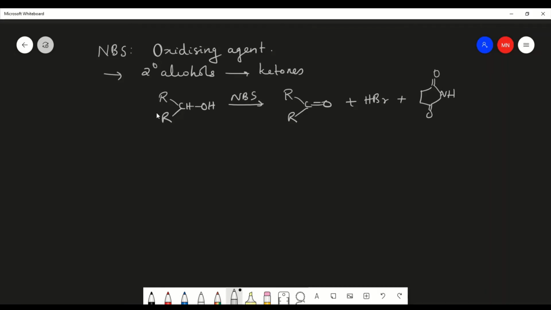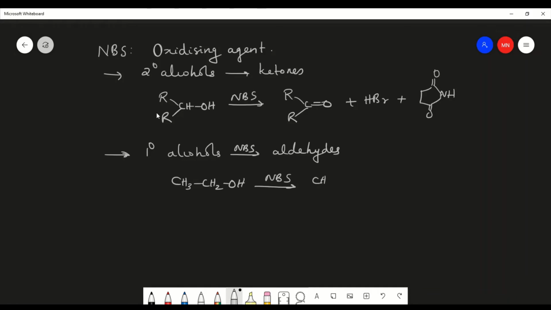Now, if you are having primary alcohols and you are doing NBS oxidation, you will be getting aldehydes. So this is another use of NBS oxidation. So this is ethanol I am taking, and if I am doing NBS oxidation, ethanol will be oxidized to acetaldehyde.